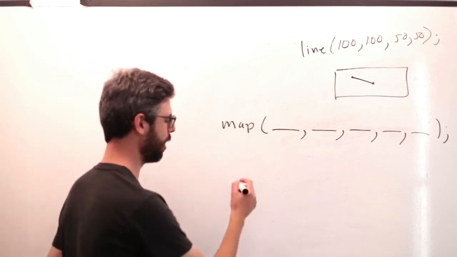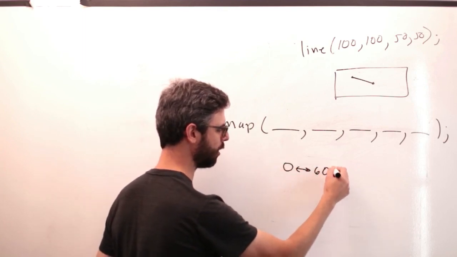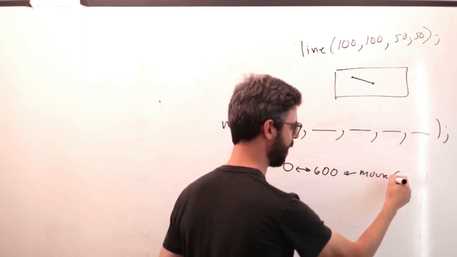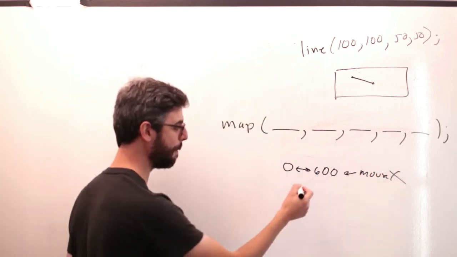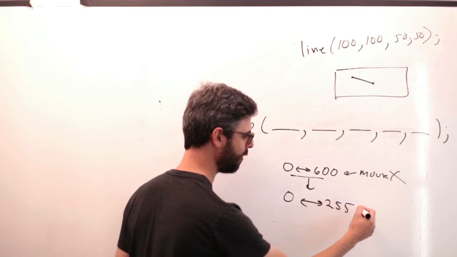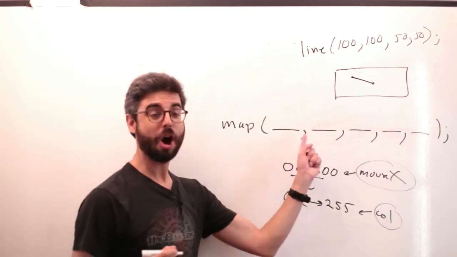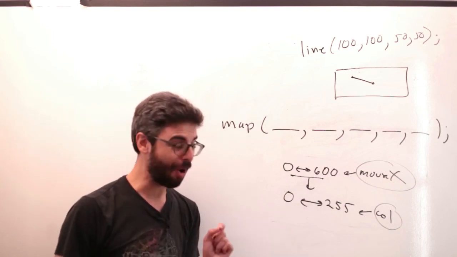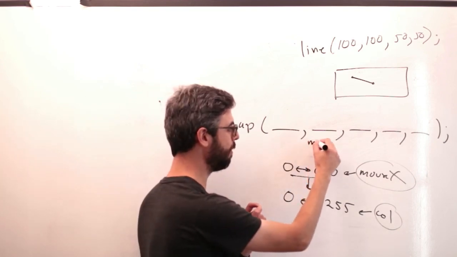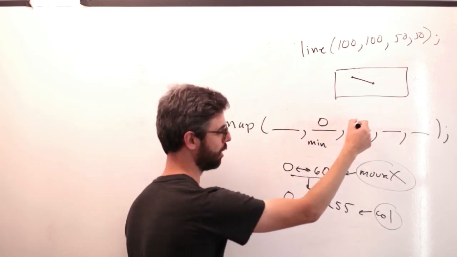Remember, I have a range that goes between 0 and 600. This is the range we know mouse X is, and I want to map this range to a range between 0 and 255, which is what I want to assign to my variable color. The arguments that map requires are the following. What is the minimum and maximum of my current range, 0 to 600?